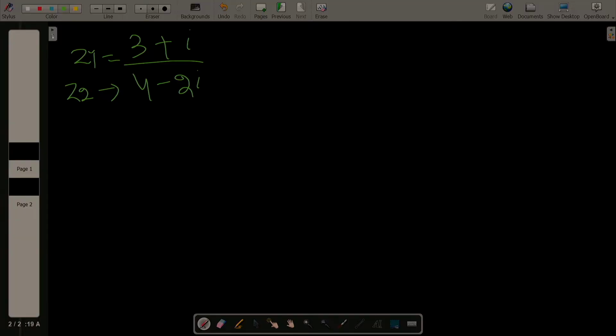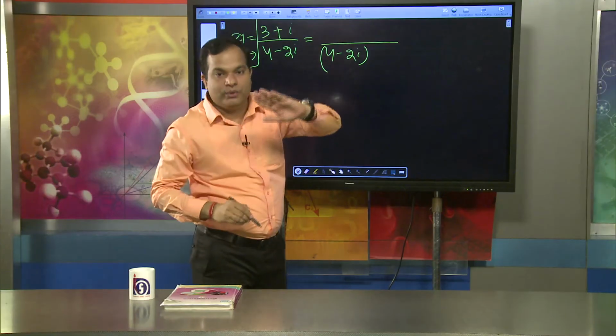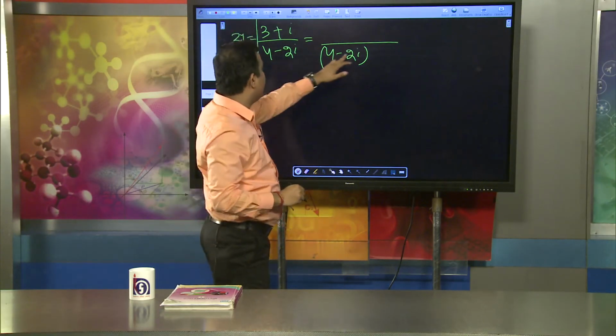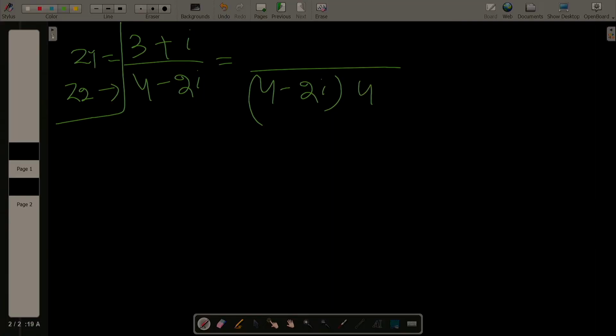So, when talking about 3 plus i by 4 minus 2i, what will we do here? 4 minus 2i is the denominator, and the denominator shall be rationalized. So I multiply 4 minus 2i by 4 plus 2i. This is the procedure.